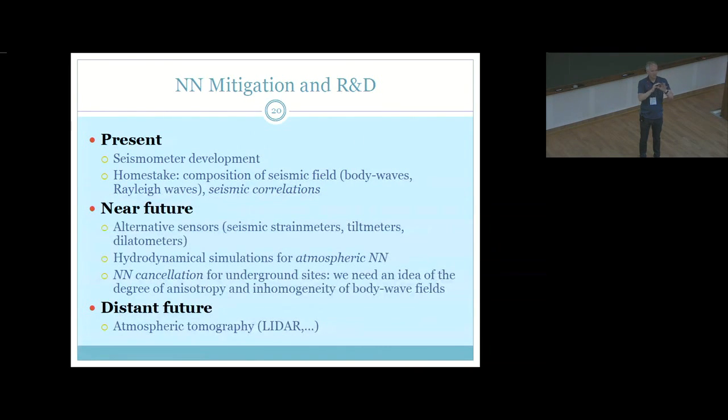I really don't know at this point, and I'm not an expert on this. We need somebody who knows how to do hydrodynamic simulations of the atmosphere and to model turbulence. Once you have turbulence modeled, getting the gravity perturbation out of that is rather easy. So we just need the atmospheric modeling, really.